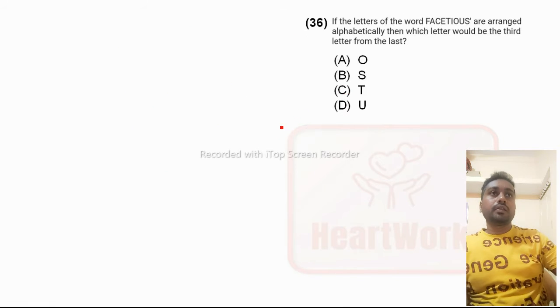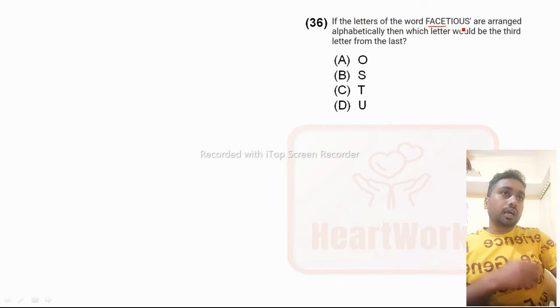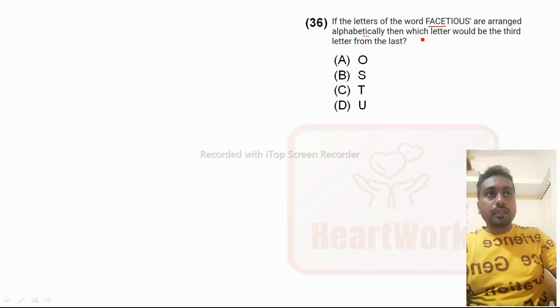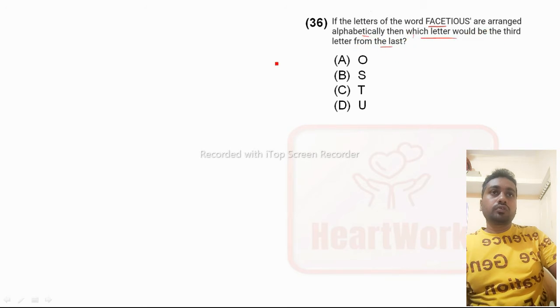Next, if the letters of the word FACETIOUS are arranged alphabetically, then which letter would be the third letter from the last? First we need to arrange in alphabetic order.